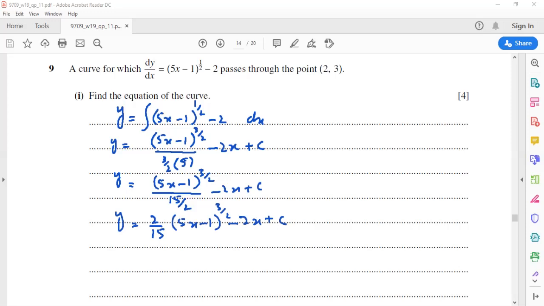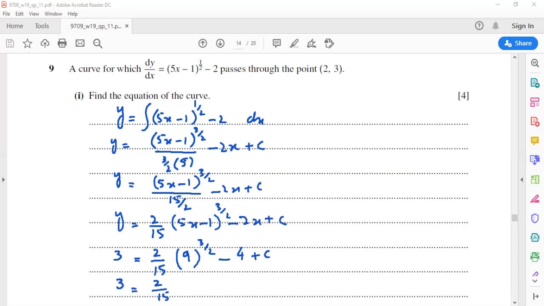Now by placing the value of x equal to 2 and y equal to 3, we can find the value of c. y equals 3 and x is equal to 2. So 5 twos are 10, minus 1 is 9, minus 4 plus c. We can use the calculator over here for our convenience. This is 2 over 15, 9 power 3 over 2.